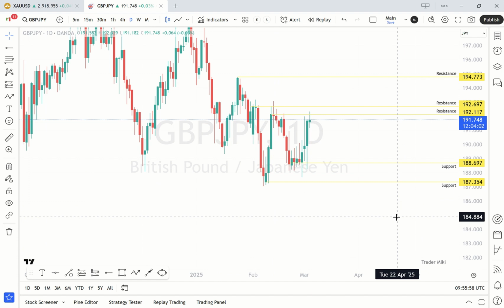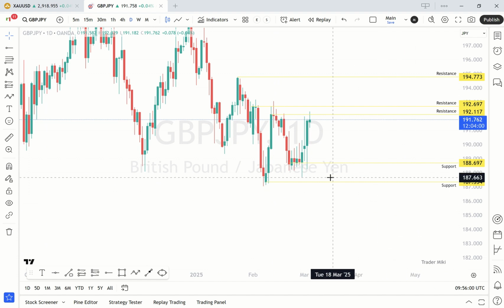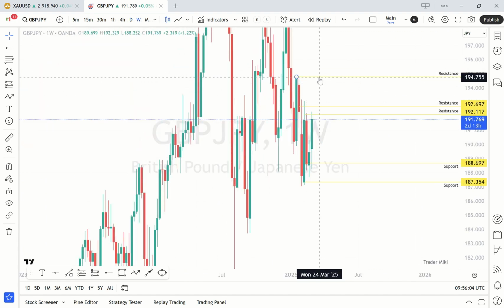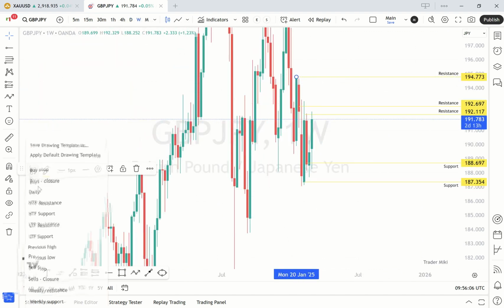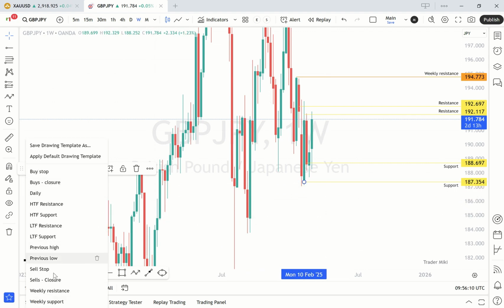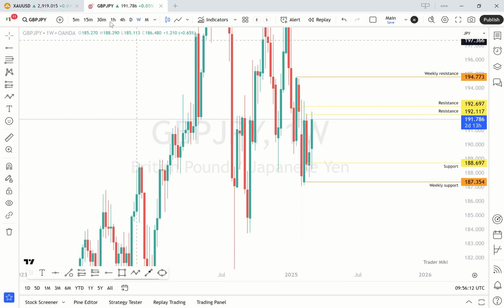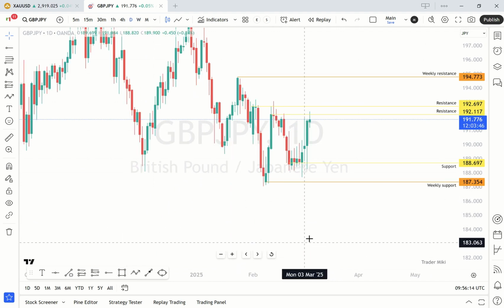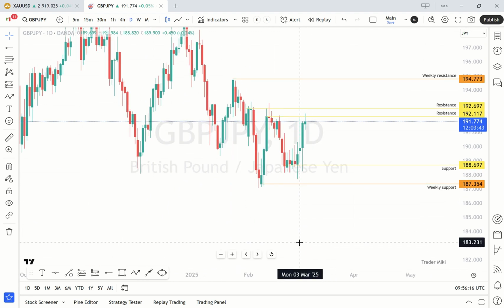I'm going to use the weekly time frame for targets because of this daily consolidation. So I've got weekly here, right, so I'm going to use that, weekly resistance, weekly support. Right, these would be my daily targets.